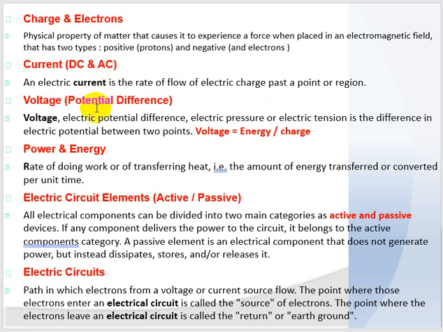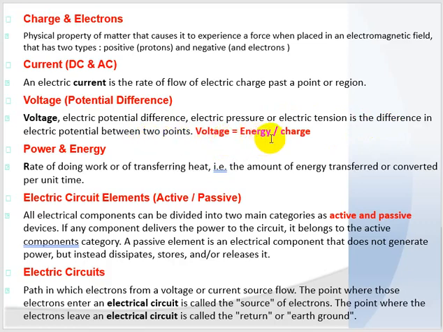The next parameter is called voltage or potential difference. In simple words, we can say the flow of charge is caused due to this voltage or potential difference. It can be defined as electric potential difference, electric pressure or electric tension, the difference in electric potential between two points.